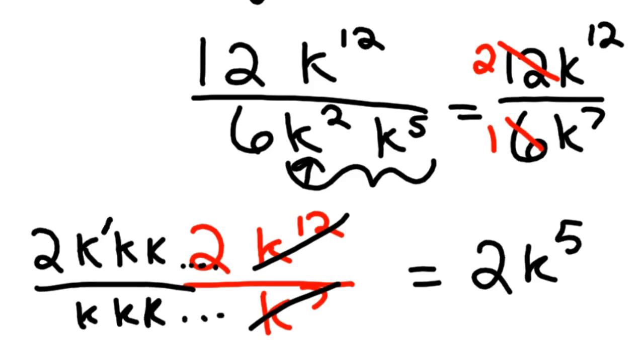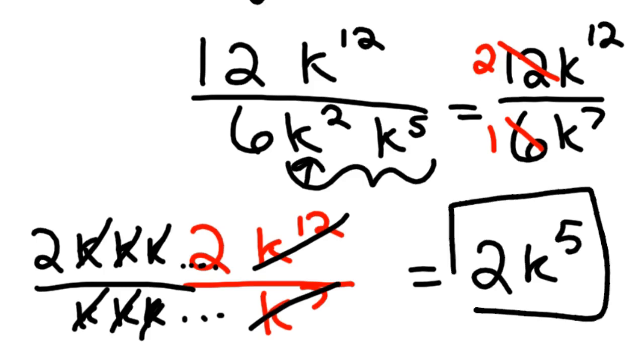Well, the k divided by k is 1, k divided by k is 1, k divided by k is 1. You could cross them out that way to make it 2k to the 5th. So again, that's your final answer, simplified, no longer in complex form.